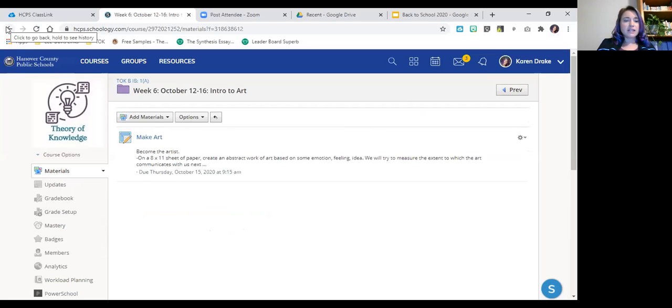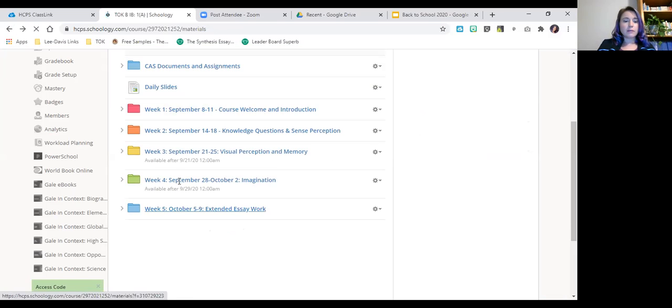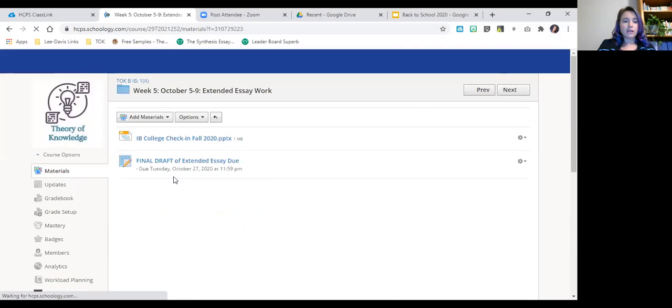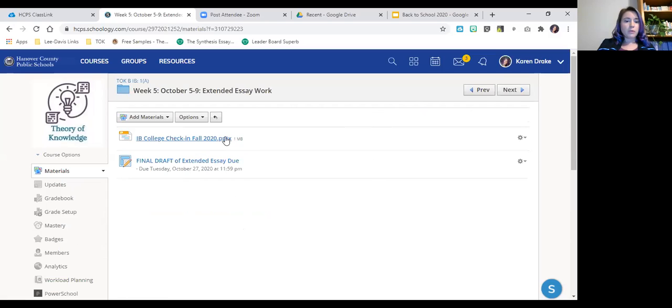Other things that are in those folders, if we go back a week, are things like Mrs. Cole came in last week and did a college check-in with them, and so that information is available, as well as reminders about their final drafts of their extended essays, which are due on October the 27th.